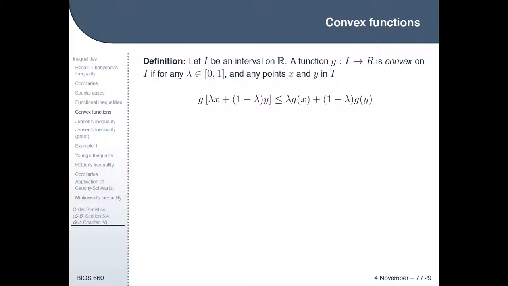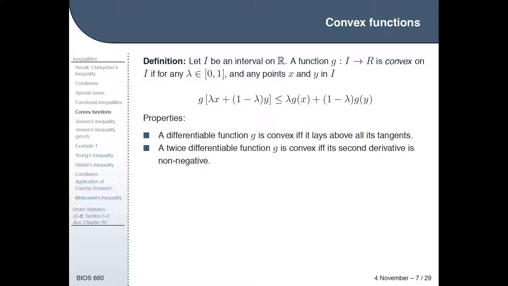The more informal definition is still somewhat formal: a differentiable function is convex if and only if it's above all of its tangents, or a twice differentiable function is convex if its second derivative is non-negative.